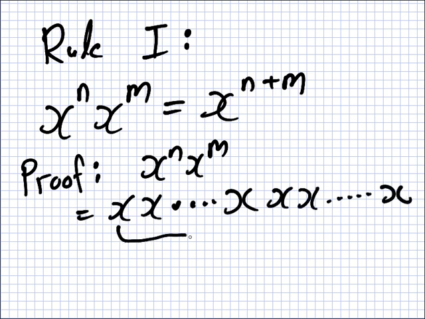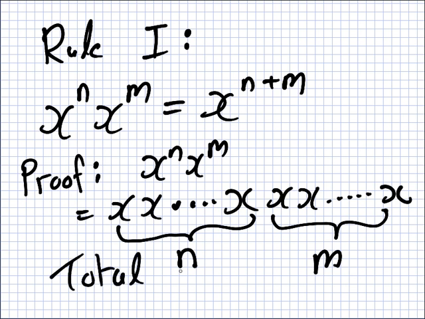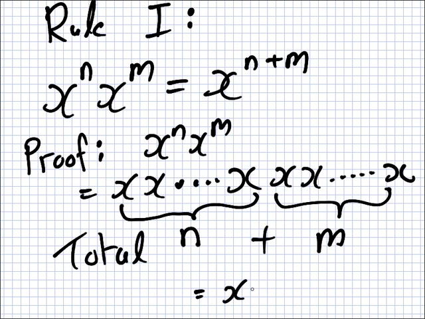And how many x's are here in the first group? There's n of them. And how many are here? m of them. So then the total would be n plus m, which you can also write as x power n plus m. So it's hardly a proof. It's nearly more of a, from the definition of what it means to have an index. But I would like you to write it down all the same.